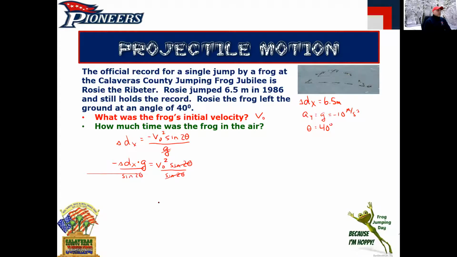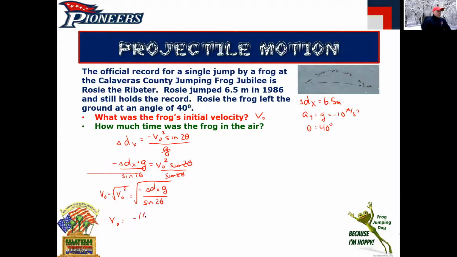So that cancels. Now I have the initial velocity squared equals, but we want the initial velocity, so I'm going to take the square root of both sides, and that will give me the initial velocity. So now I can plug in everything that I have, right?